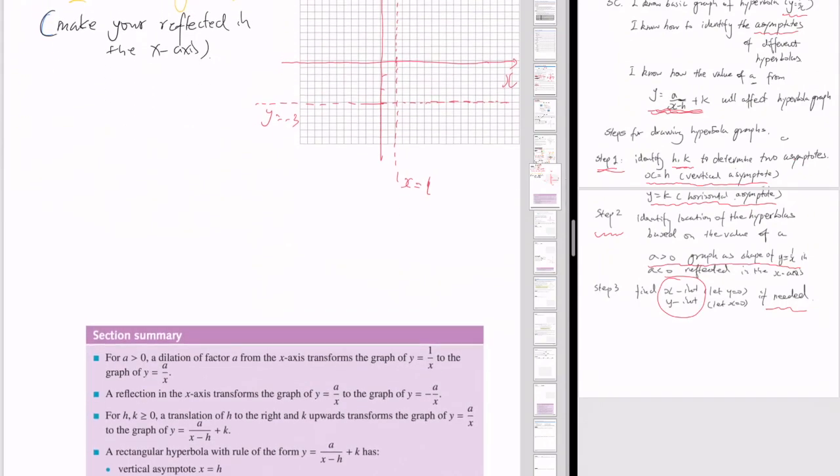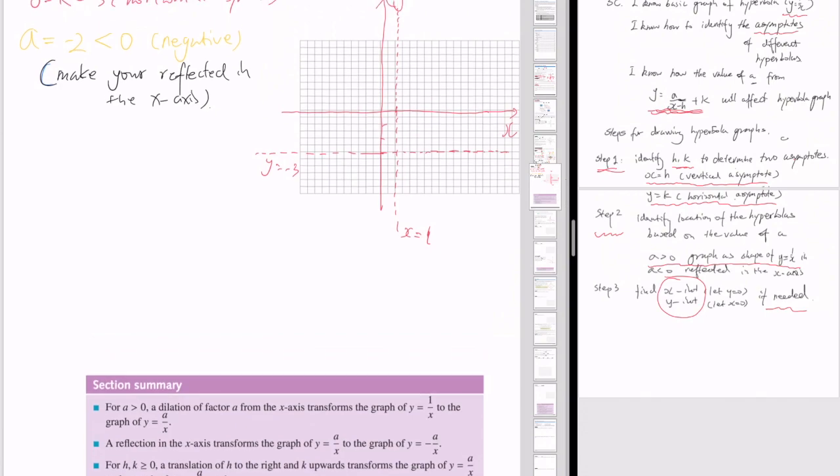So what does it mean? Reflected. We know a basic hyperbola is on the first and third quadrant. Since we have a value of a that is smaller than 0, it will make your graph reflected in the x-axis. So here is your x-axis, see that as a mirror, so your graph is going to reflect on to the other side.